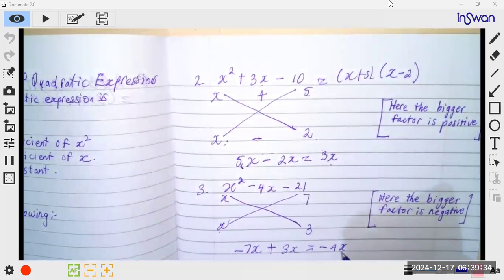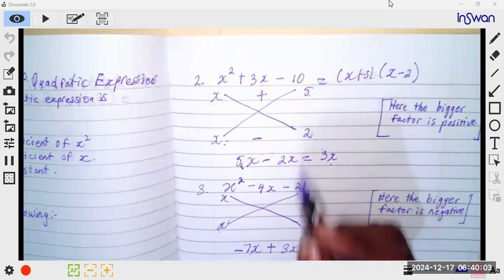Do you all understand this one? Yes, miss. So what sign in front of the 7?